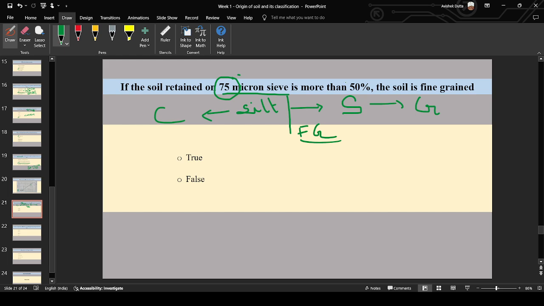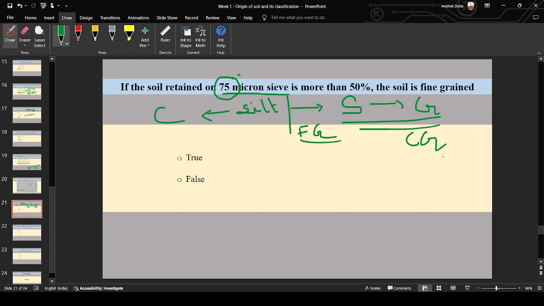That means more than 50% of the soil mass are having a size which is more than silt. That is, it falls under the coarse grained soil. The soil will be definitely coarse grained and not fine grained.